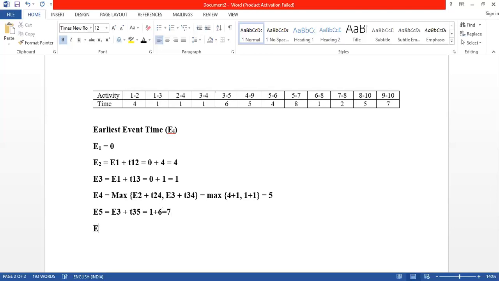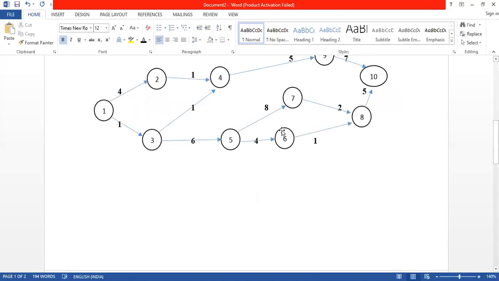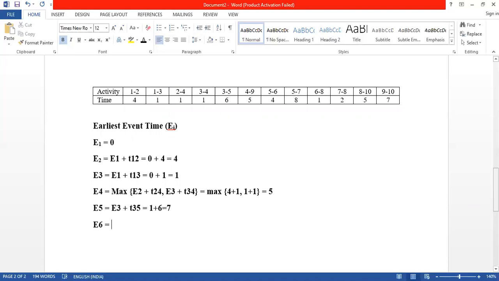Now E6. That means sixth event we can reach from 5. So it is E5 plus T56 equals to E5 is 7 plus T56, right, is 4. So it is 11.